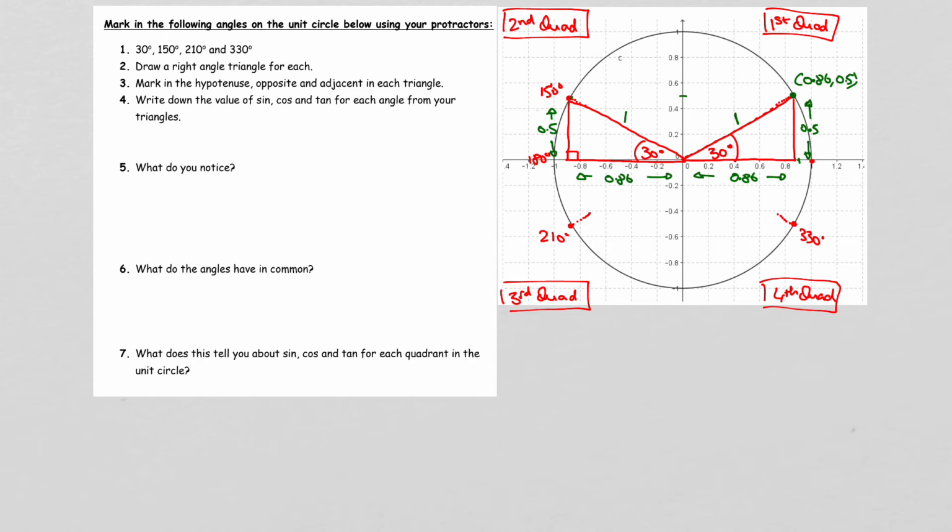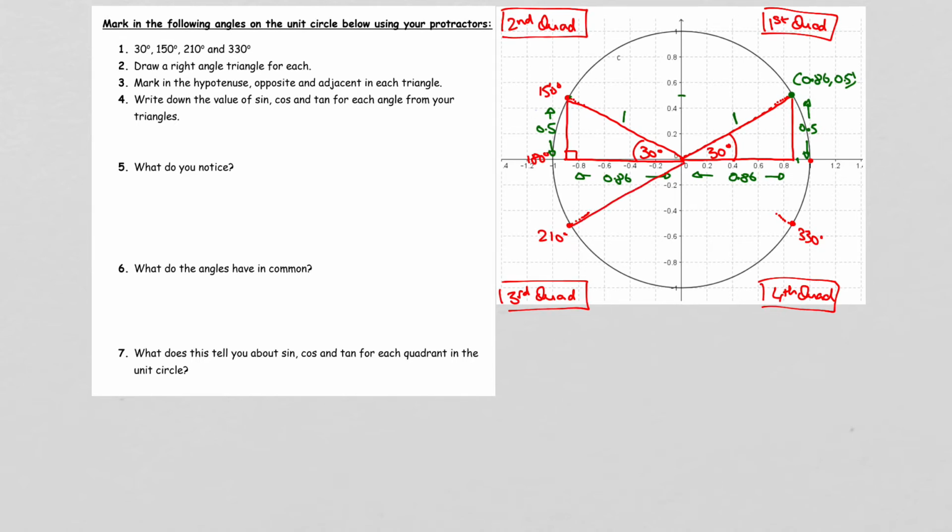If I do the same for 210 degrees, again, I have rotated along the circumference of the circle an angle of 210 degrees, but from the x-axis, I've actually dropped down the difference between 180 and 210, which is 30 degrees again.